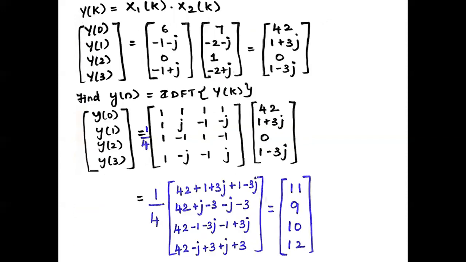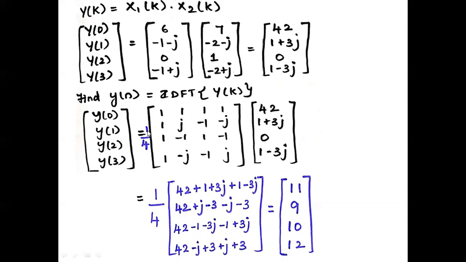In the next step, we have to multiply these two outputs to get y of k. Take each element and multiply. For the multiplied output, we have to apply IDFT. For that, we have to use the formula of IDFT using a matrix method.